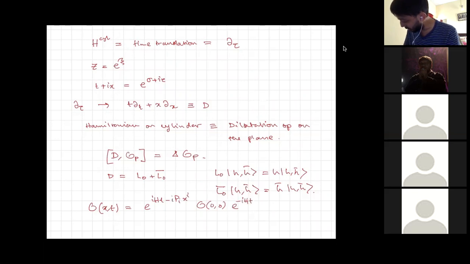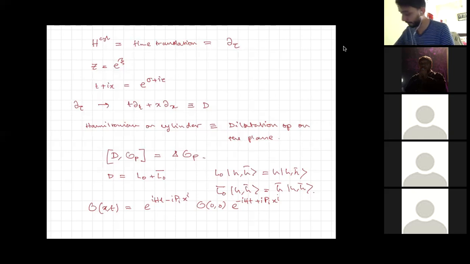So the evolution of these operators is done through things like this. You can translate this onto the plane in the two-dimensional case, and we will see how to do this. Okay.